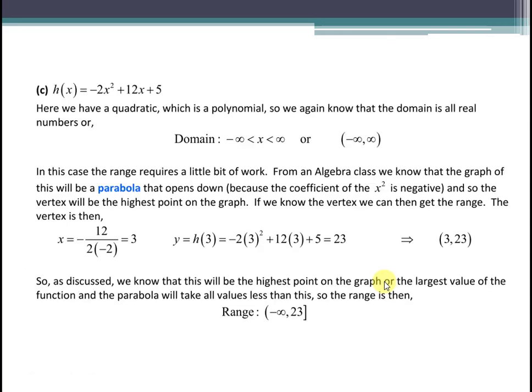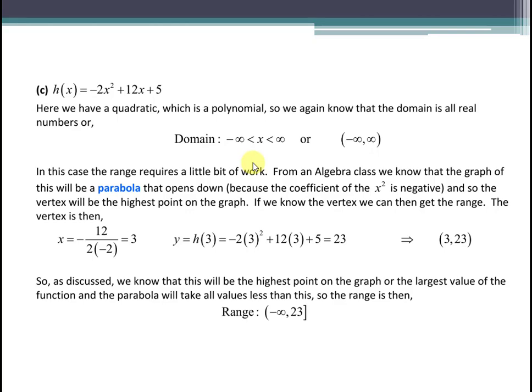Next one, C1. h of x is equal to minus 2x squared plus 12x plus 5. This is a quadratic function, and it's a polynomial. That's why the domain is all real numbers, or from minus infinity to plus infinity. So now, how do you find the range of this function?